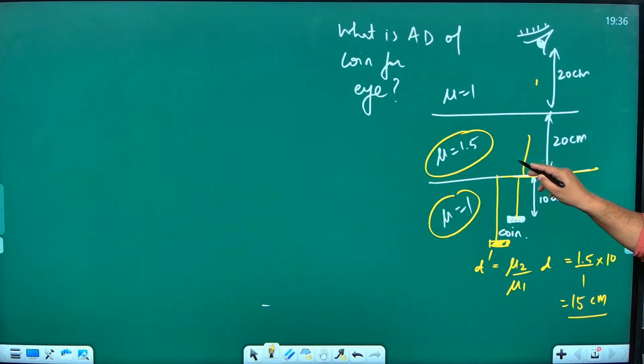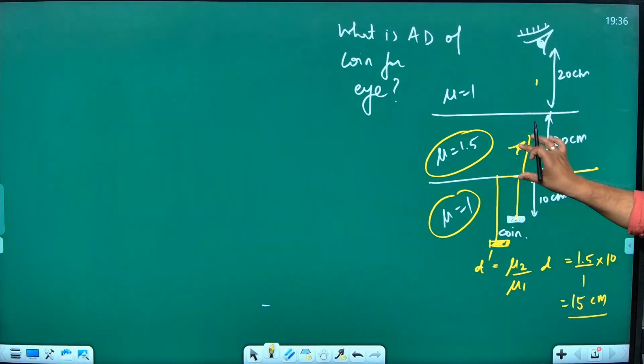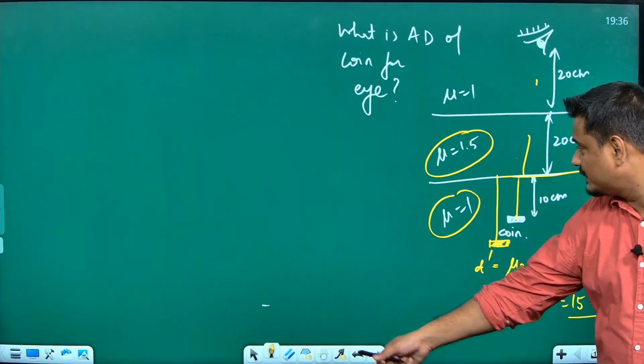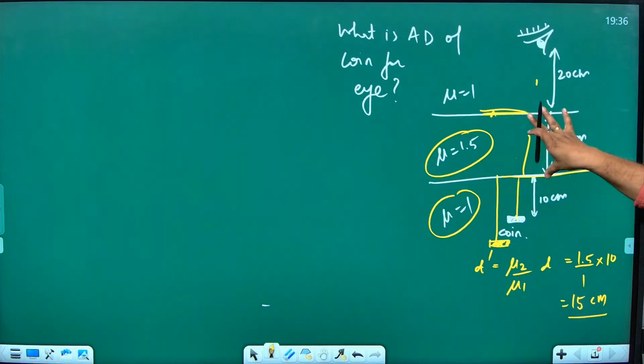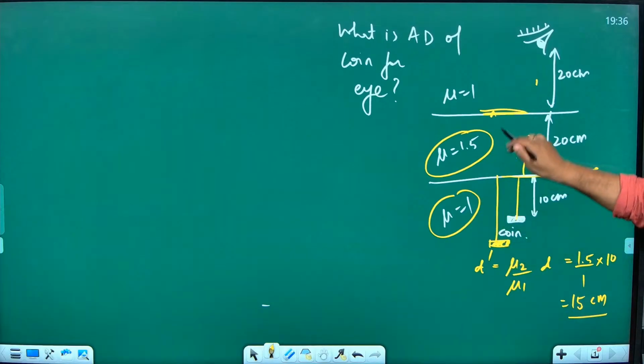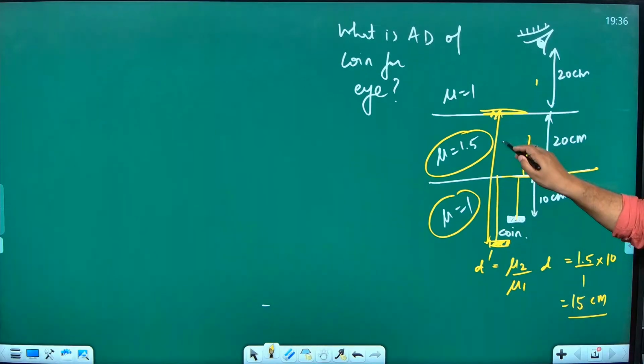If my eye would have been here, then I would say this 15 plus this value is the answer. But unfortunately, my eye is not there. Now, for this medium, the real depth becomes 20 plus 15. It becomes 35.